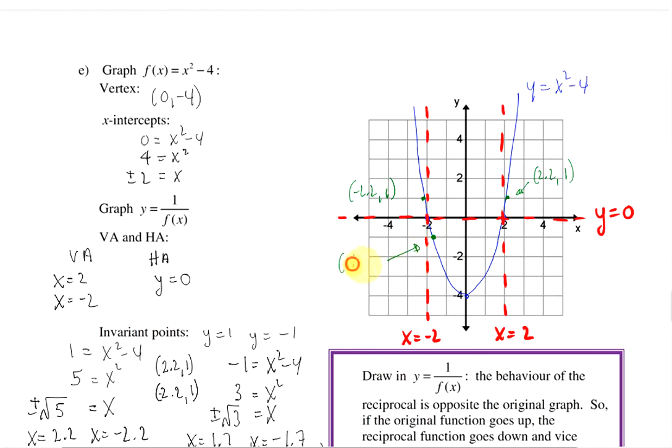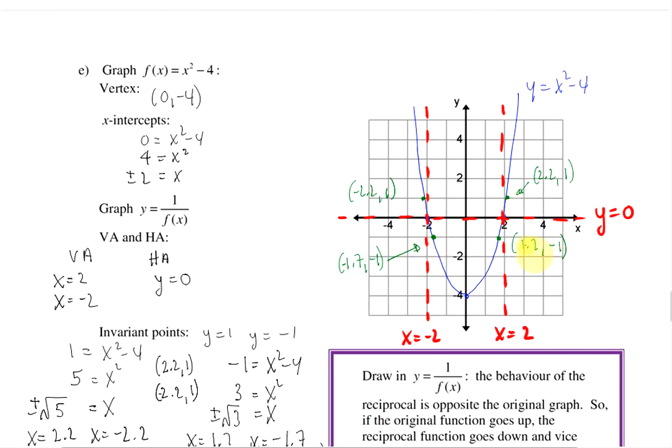Okay, so 1.7 and negative 1. And the other one is where y is negative 1 and x is positive 1.7, sorry, negative 1.7. Okay, so you should have 4 invariant points, 2 above the x-axis and 2 below the x-axis.